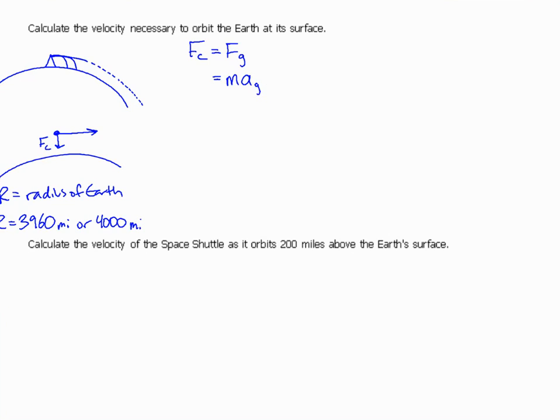And we know the Newton's law version of centripetal force, that is mass times the centripetal acceleration. And so in this question, really the mass of this object doesn't matter because you can divide it out of both sides. So the centripetal acceleration equals the acceleration due to gravity.